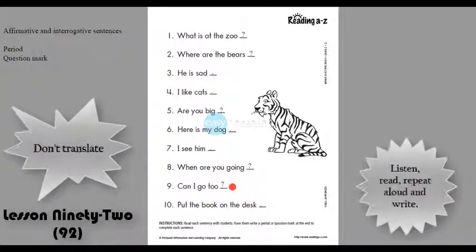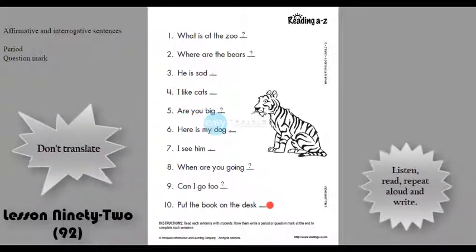So I have placed the question mark at the end to complete them. And sentences 3, 4, 6, 7, and 10 are affirmative. So they have been completed with a period at the end.